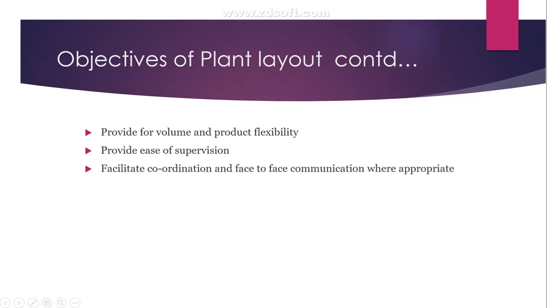Facilitate coordination and face-to-face communication where appropriate. It facilitates coordination among different divisions, departments, and facilities included in the plant layout if well organized, and communication is also established wherever it is appropriate.